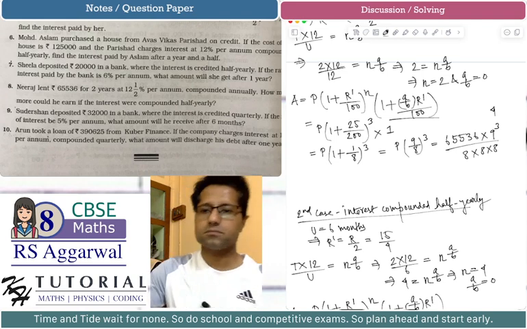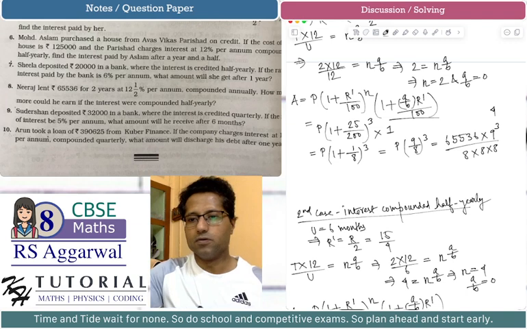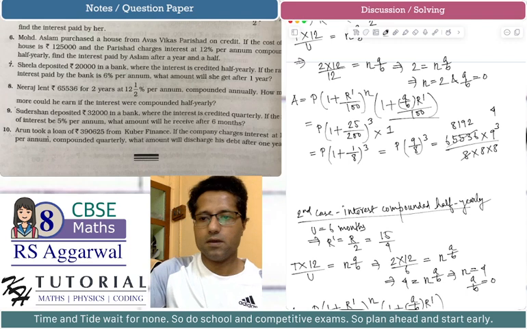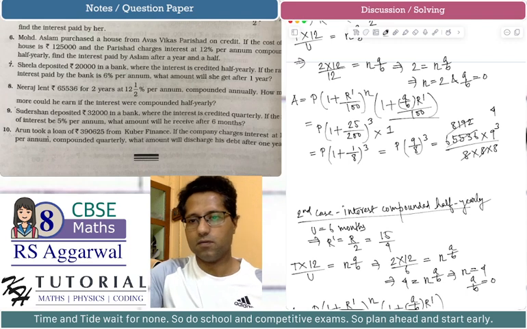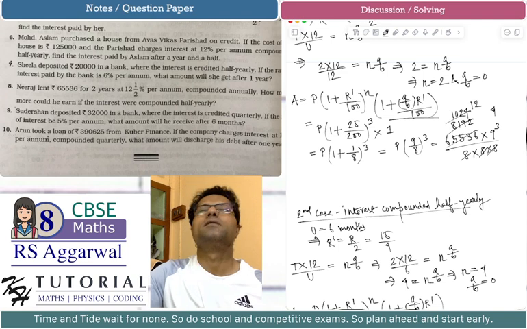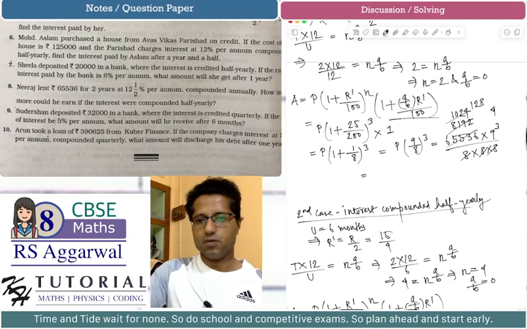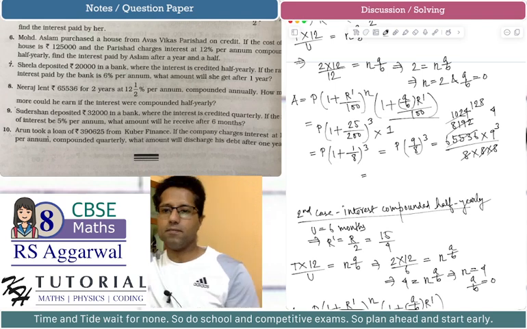Okay, so 8 divides this with 8, 64, and 8 again divides this, 1024, and 8 again divides with 1024, we get 128. So this will be equal to 128 multiplied by 9 cubed.